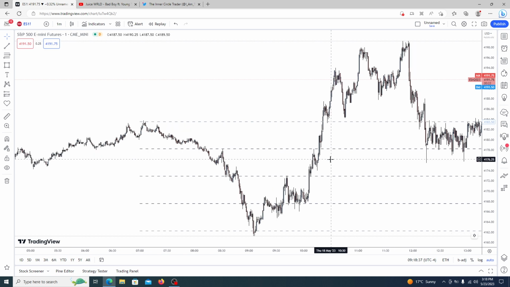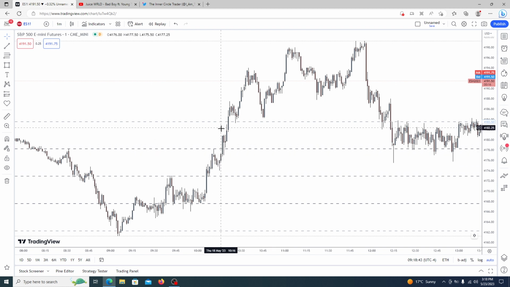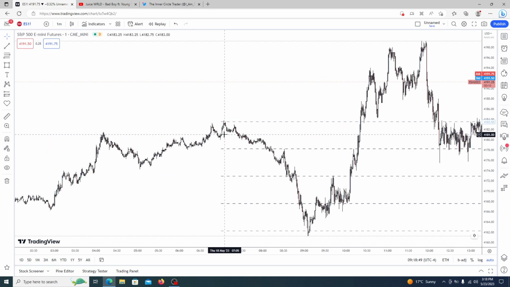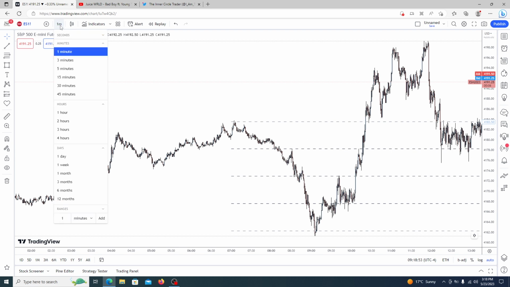So looking at this idea and noting that price closed above 75% and then it rejected that idea, we could then look for a trade long.